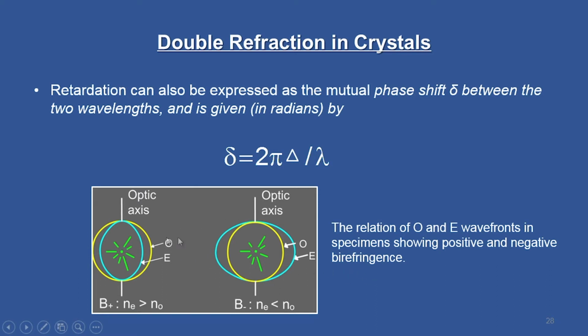So, we will see how these two things are visualized in an optical scheme as we move along. The relation of ordinary and extraordinary wave fronts in the specimen showing positive and negative birefringence is summarized in this schematic.